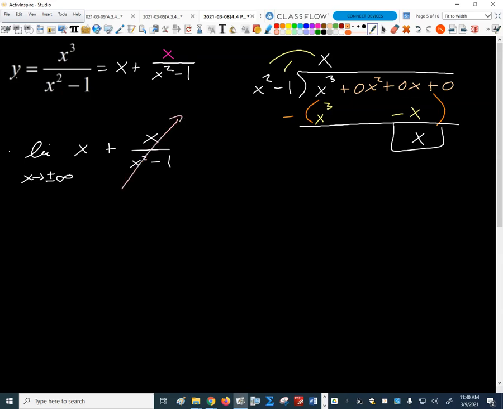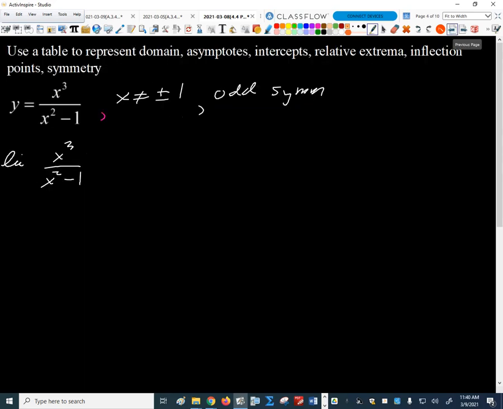So that rational function in the infinite limits, as we approach plus or minus infinity, goes to 0. And so I'm just stuck with my limit is equal to x. So my slant asymptote is the line y equals x. Okay, and that's where we'll leave off for today. So my slant asymptote y equals x.